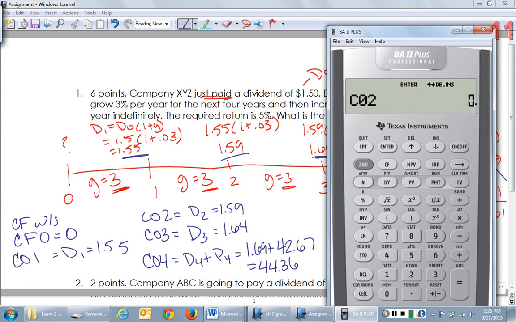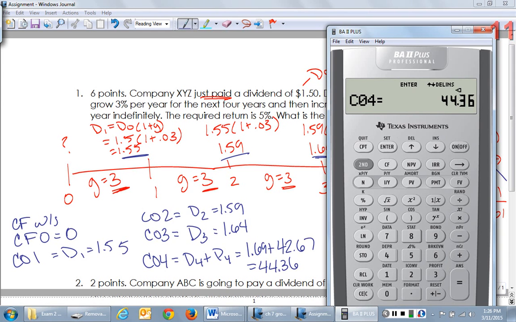Cash flow at time period 2 is dividend at time period 2, $1.59. Enter. Down arrow twice. Cash flow at time period 3 is dividend 3, $1.64. Enter. Down arrow twice. And cash flow at time period 4 is dividend 4 plus the value of the stock at time period 4, so the $44.36. Enter.